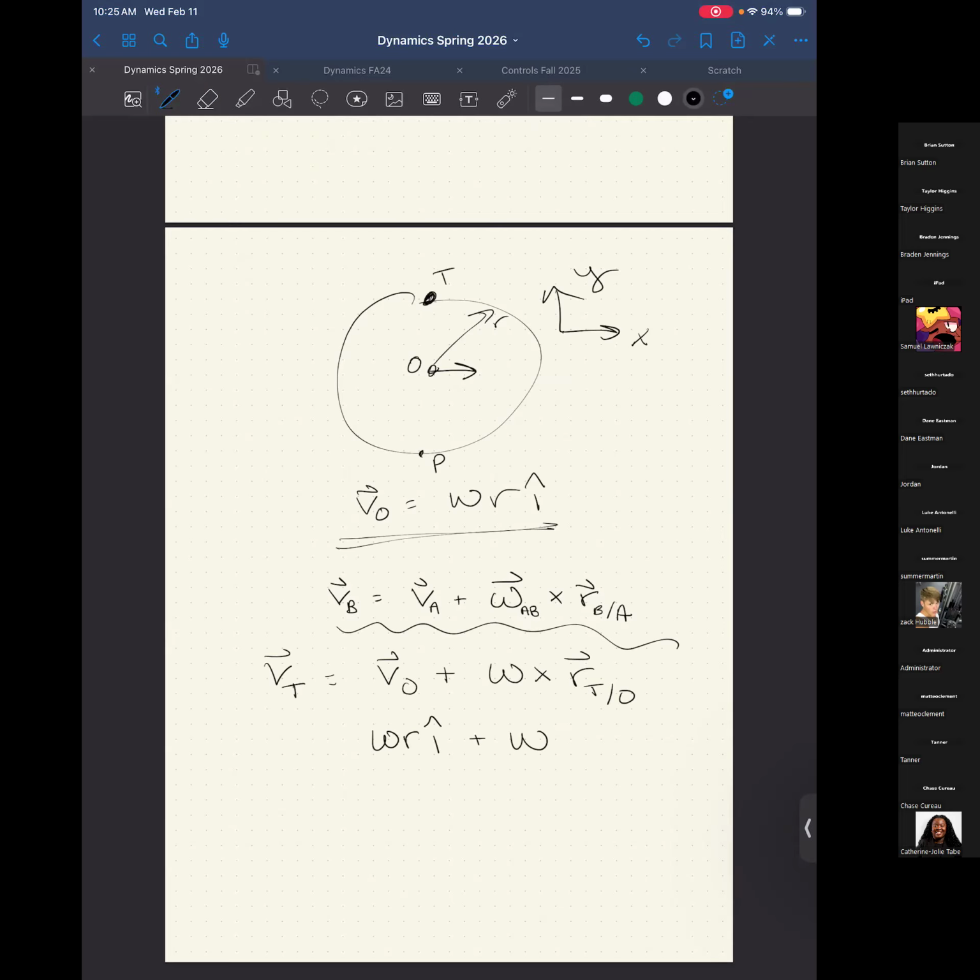If we're translating to the right, that means that omega must have been in the minus k-hat direction. Right? If we're going this way, that's what would cause us to translate to the right. I'm assuming rightward translation. Cross, the vector that goes to T from O would be R J-hat. Whatever that comes out to, it probably is very similar to the disk being twice as large.